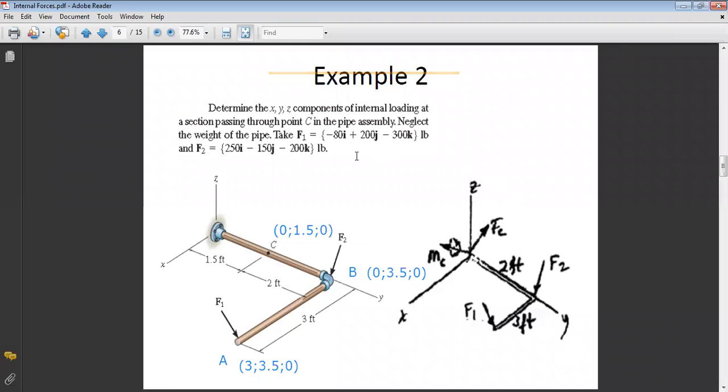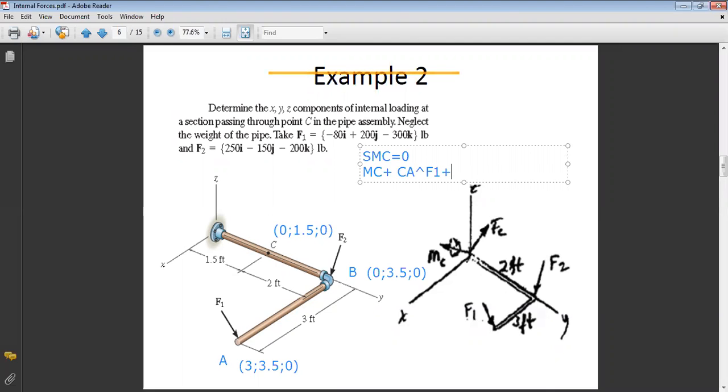Sum of moments about C equals 0. So I have first the couple at C, which is MC, plus, as we said, the moment of F1. The moment of F1 about C is what? It's CA vectorial F1, okay?